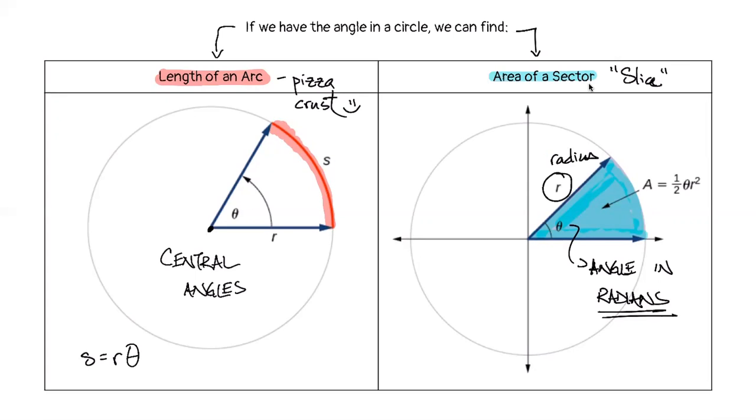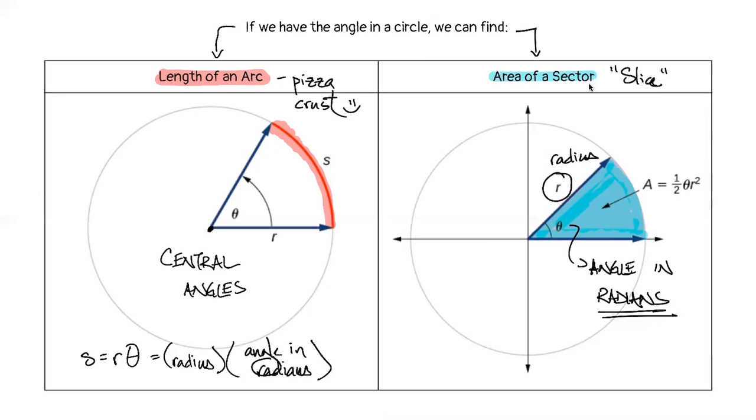Okay, that's a much more straightforward formula, but basically we have the radius times the angle in radians, and that will give us the length of the arc that goes with the angle, okay? So you'll notice in both these cases that in order to use the formula, we have to have the radius, not the diameter, but the radius, and we need to have the angle measured in radians, not degrees.